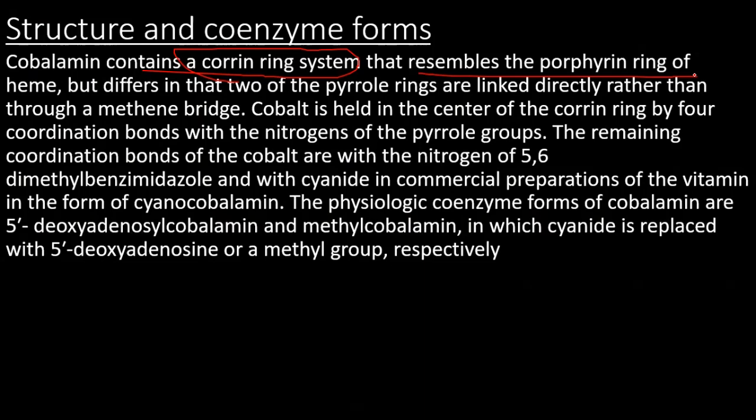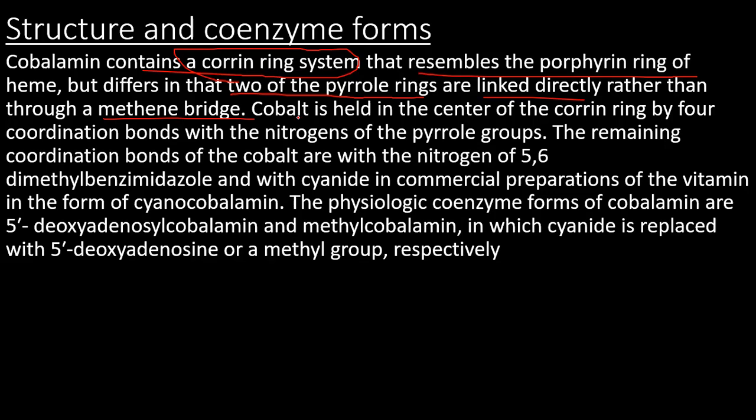Also remember chlorophyll, which also has a porphyrin ring system, but it differs in that in the corrin ring, two of the pyrrole rings are linked directly. Remember, the pyrrole rings in porphyrin are linked via methane bridges, but in the corrin ring, two of the pyrrole rings are linked directly rather than through a methane bridge.